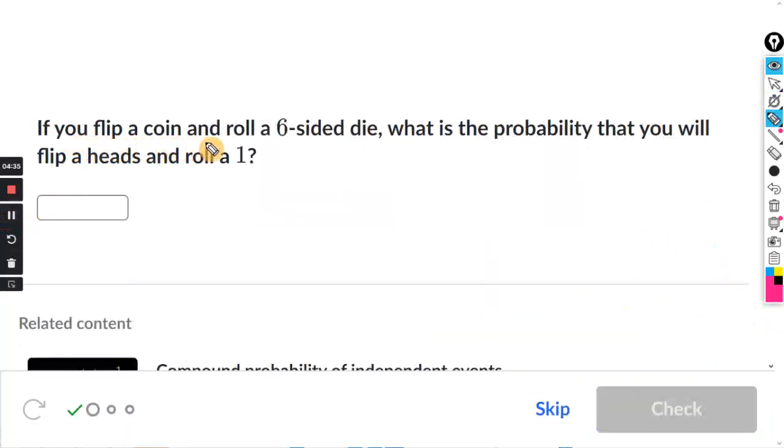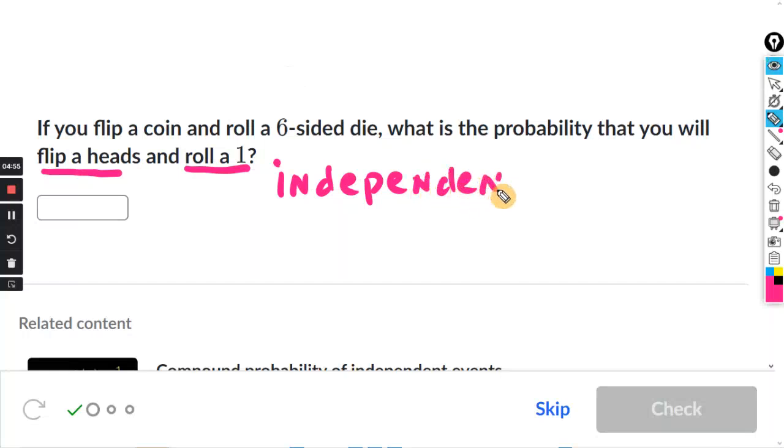If you flip a coin and roll a 6-sided die, what is the probability that you will flip heads and roll a 1? All right, the coin and the die are 2 separate events, and they are definitely independent. You flip a coin, you roll a die, they do not affect each other.